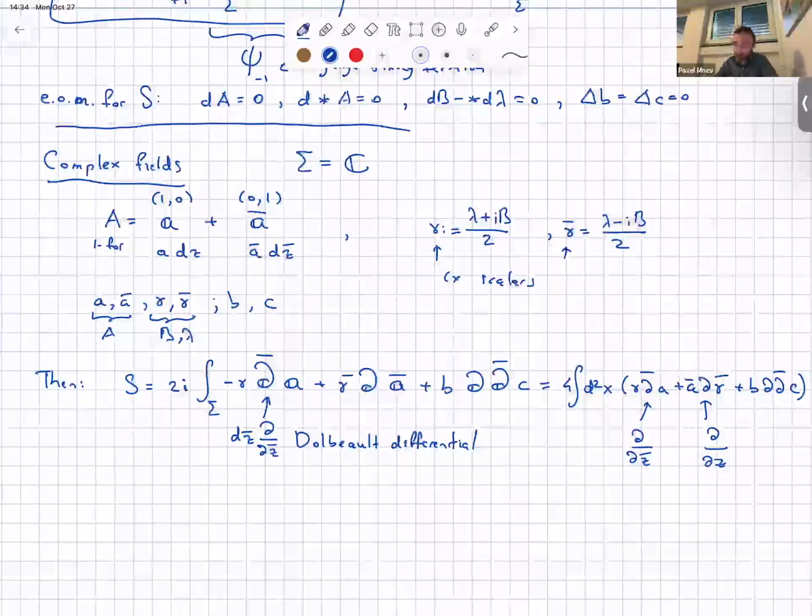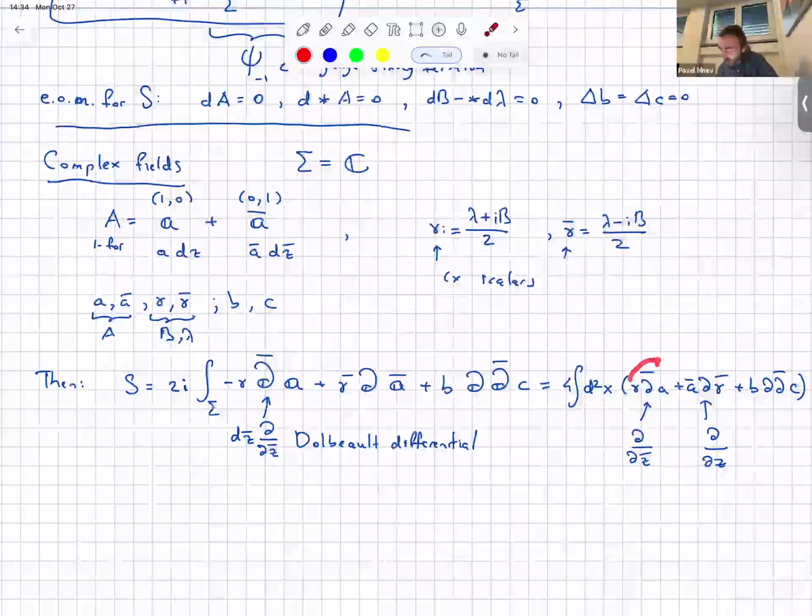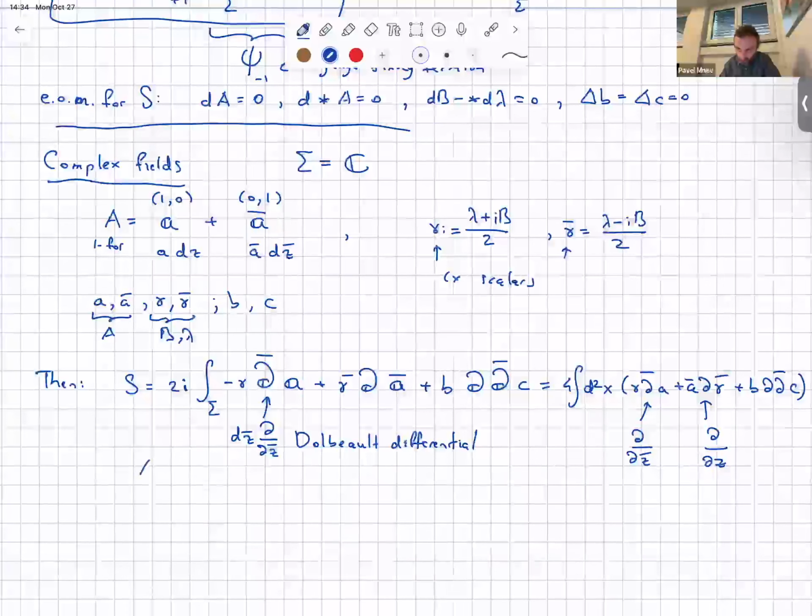And then here you might recognize some standard CFTs, right? So first of all, let's notice that this action written here is manifestly conformally invariant.